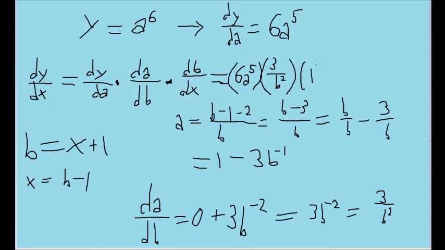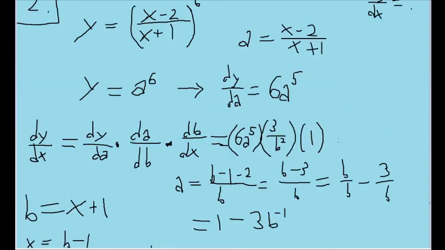We don't even really have to write it, to be honest. Now let's simplify a little bit. As I just said, the 1 can disappear because it doesn't change anything. And this constant 3 can multiply by the 6 to simplify this as 18 times a to the 5th power times 1 over b squared.